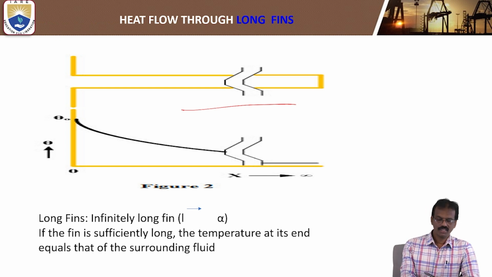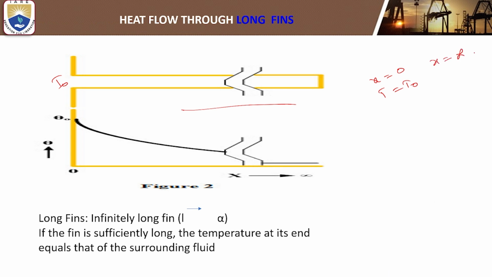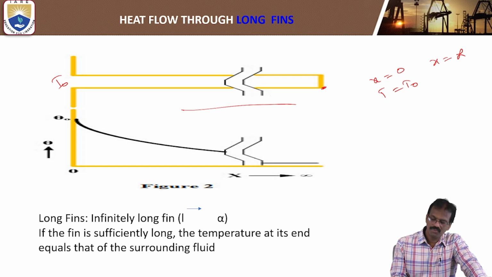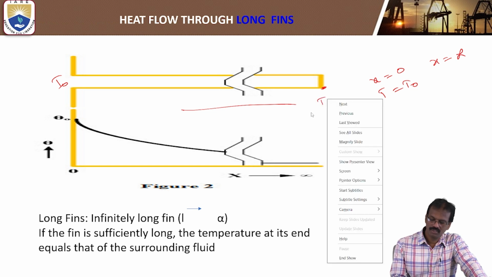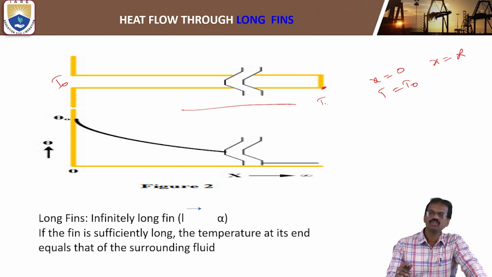At x is equal to 0, T is equal to T naught. This is the T naught temperature. But the long pin means very long, so we can represent this as x is equal to infinity. For a very long fin, at the end of the fin the temperature is almost equal to the atmospheric temperature.